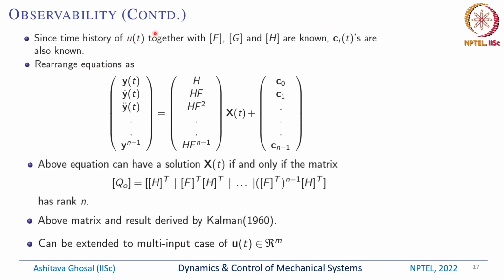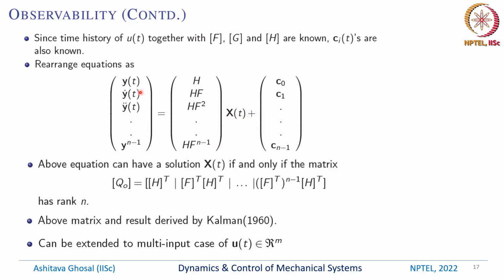So we can rearrange all those equations as y of t, y dot of t, y double dot of t, one below the other, is equal to h into x(t) plus c0, h into f into x(t) plus c1, and all the way to h into f to the power n minus 1 x(t) plus c(n minus 1).